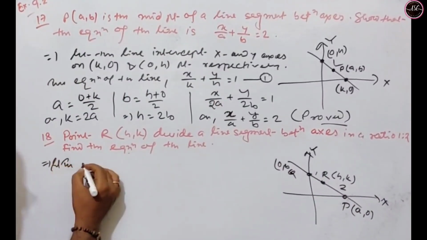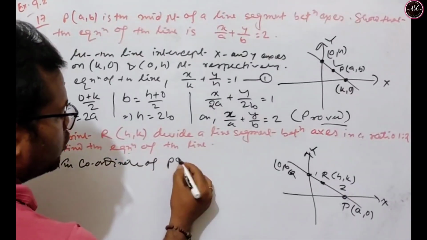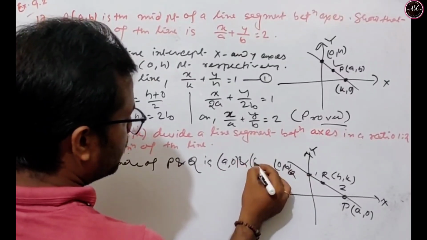Let the coordinates of P and Q be a comma 0 and 0 comma b.